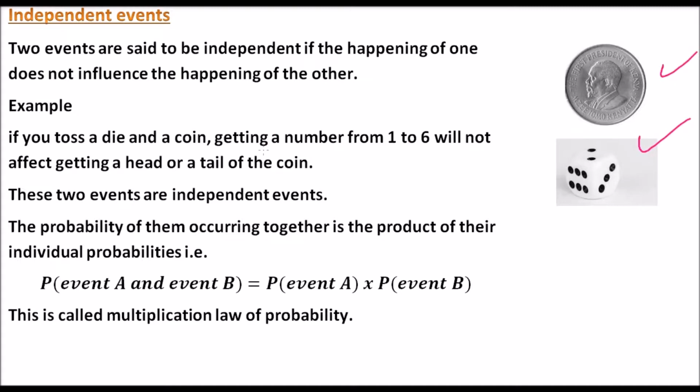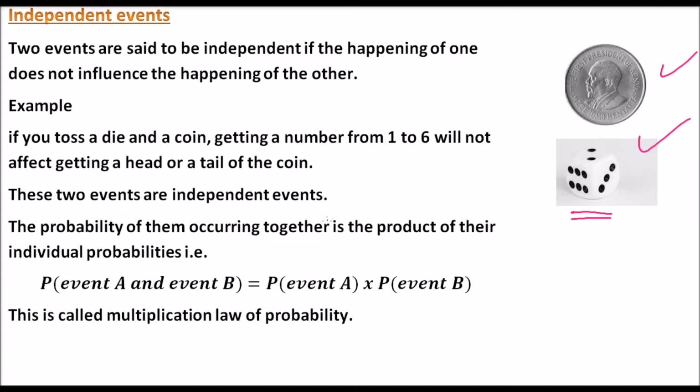If we toss a coin, we can get a head or a tail. That does not affect the outcome of the die. We can get 2, we get a head. We can get 3, we get a tail. So the two events are said to be independent.